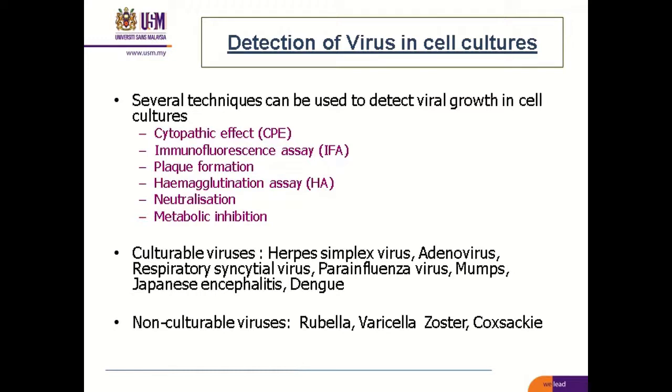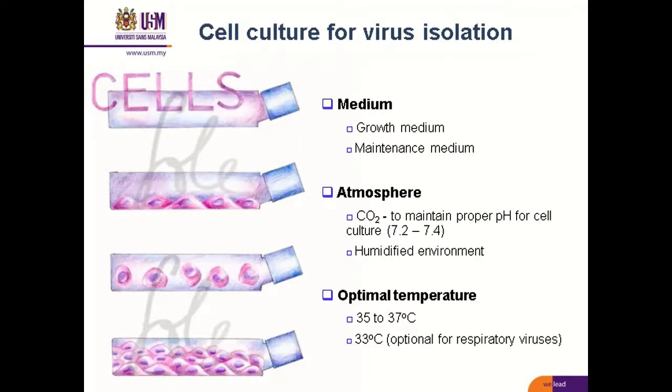So these viruses cannot be cultured, and we need to use other tests, such as serology, to diagnose. The pH is between 7.2 to 7.4 in a humid environment, and temperature between 35 to 37. Lower temperature, 33 degrees, for respiratory viruses. So this is the environment for the viral culture.